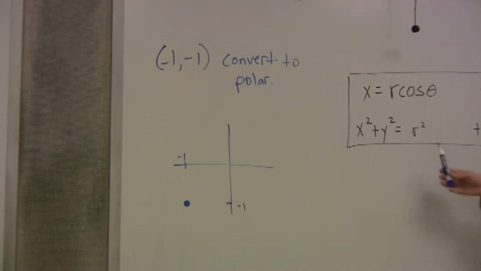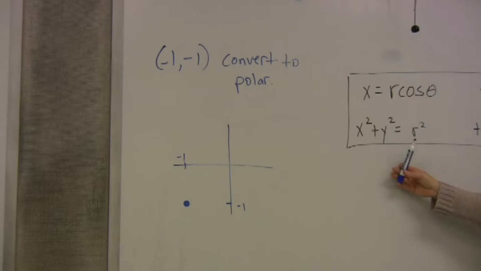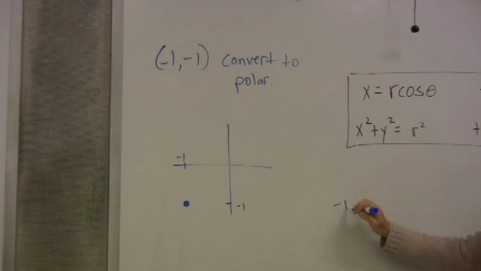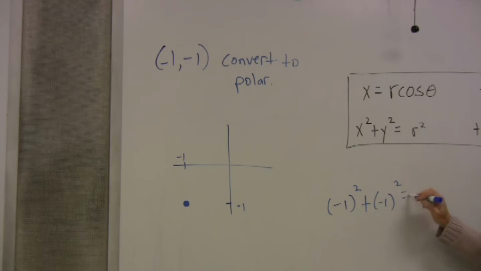Pythagorean theorem, which happens to also be right here. Those formulas are there for a reason, so I'm going to use this formula, which is the Pythagorean theorem. (-1) squared plus (-1) squared equals r squared. So 2 equals r squared, r equals square root of 2.